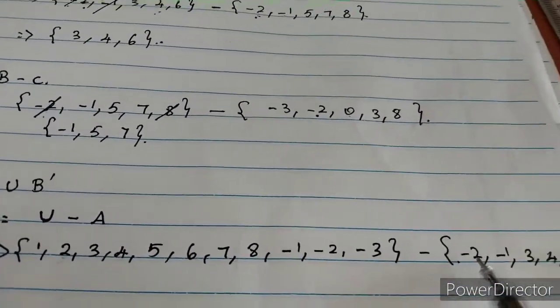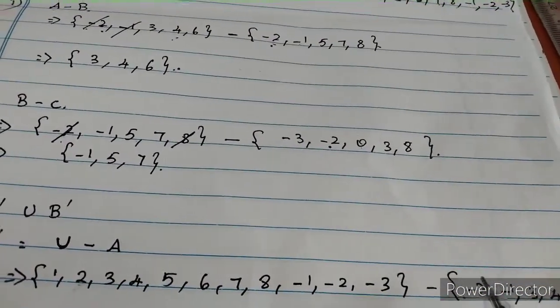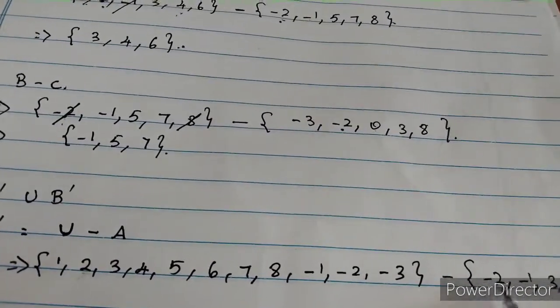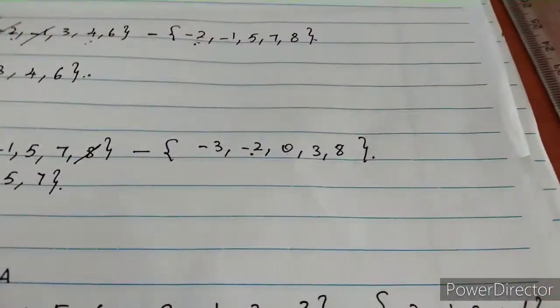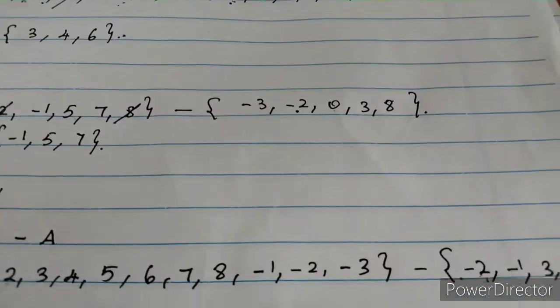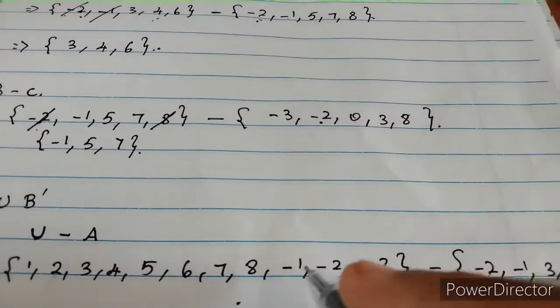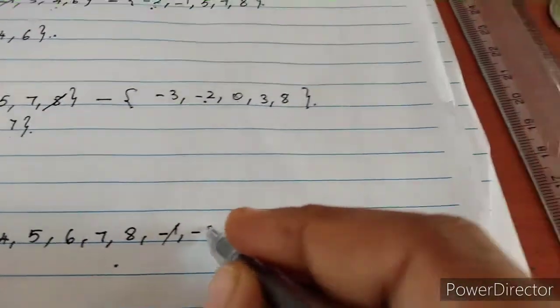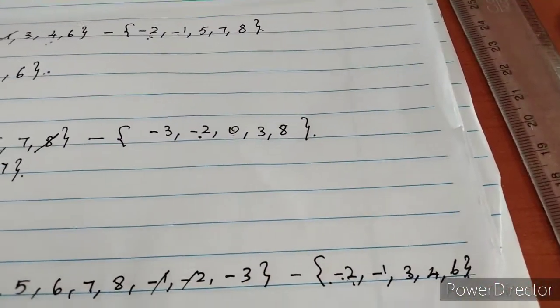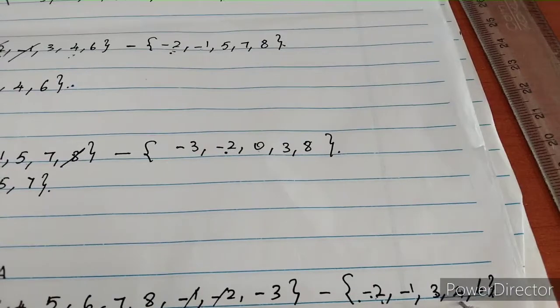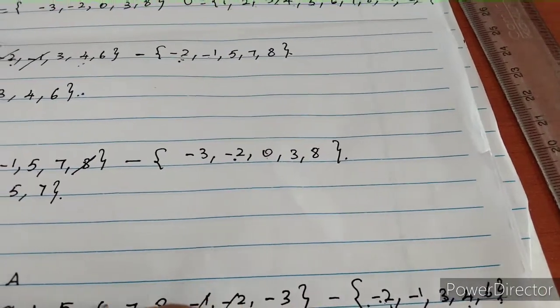Then strike out the elements of A from the universal set. So here -1, then -2, then 3, 4 and 6.